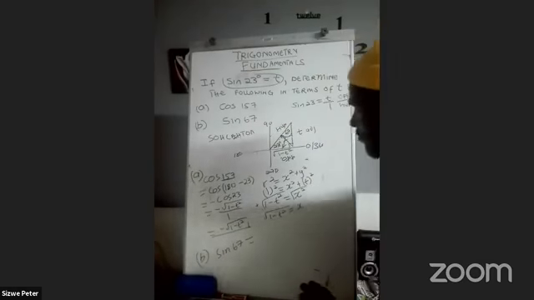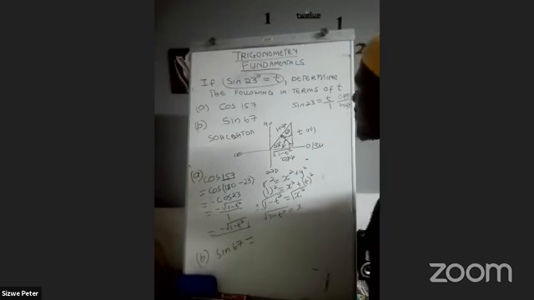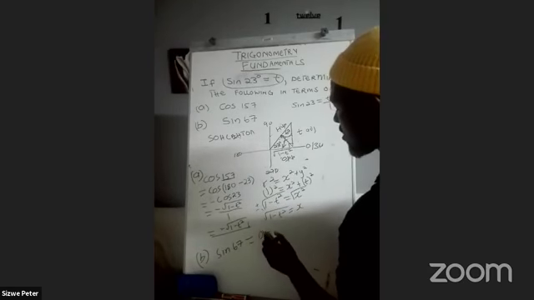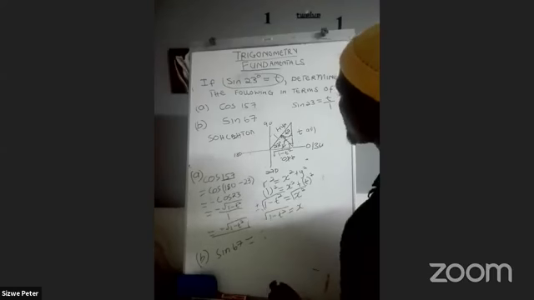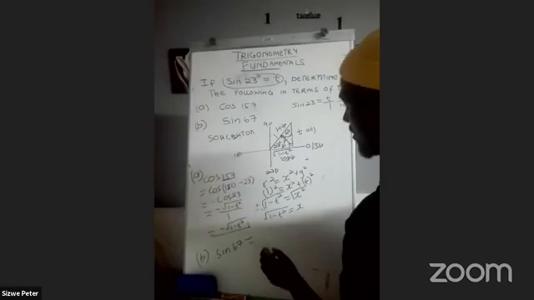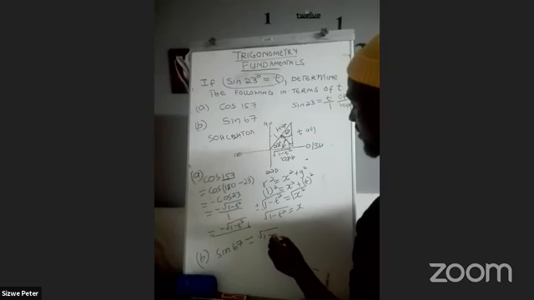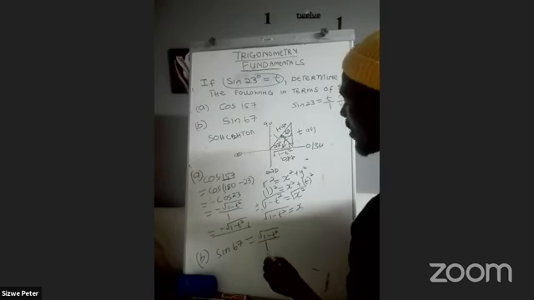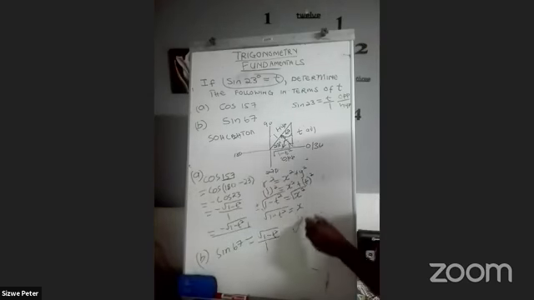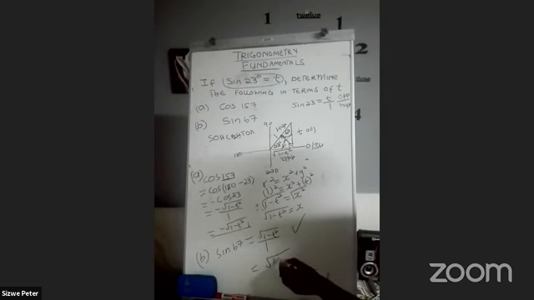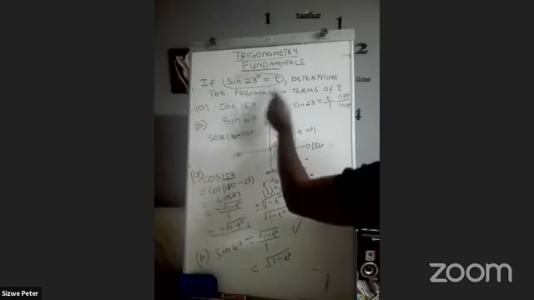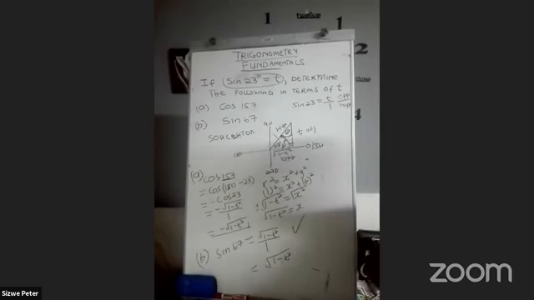So sine 67 is opposite over hypotenuse, which is the square root of 1 minus t squared over 1. So the answer is the square root of 1 minus t squared. All these answers are in terms of t, because they say determine the following in terms of t. Done and dusted, and we move to the next section.